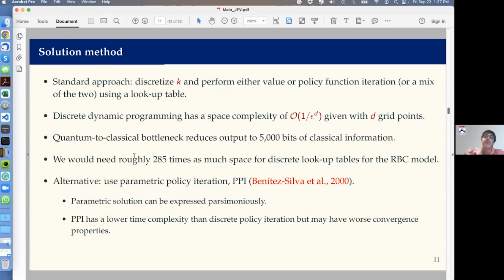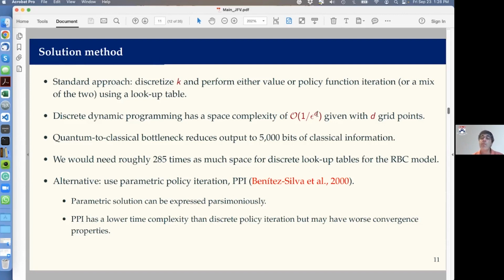You have a current value for the value or the policy, you maximize, you get a new table, and you do that until convergence. It is a classic result that discrete dynamic programming has a space complexity of big O of 1 over epsilon to the power of d, given d grid points.